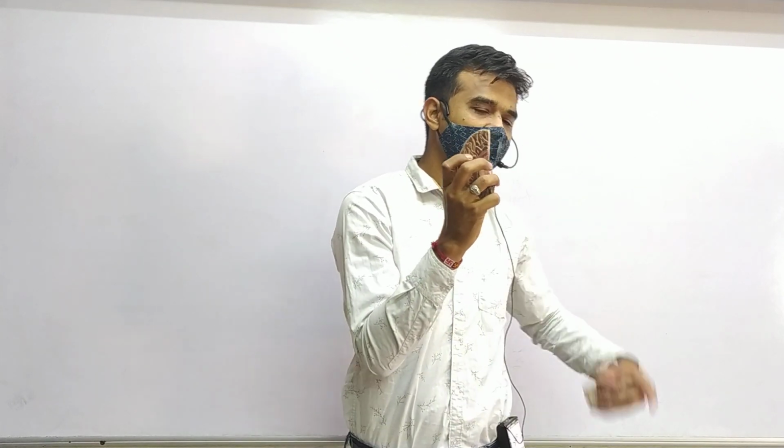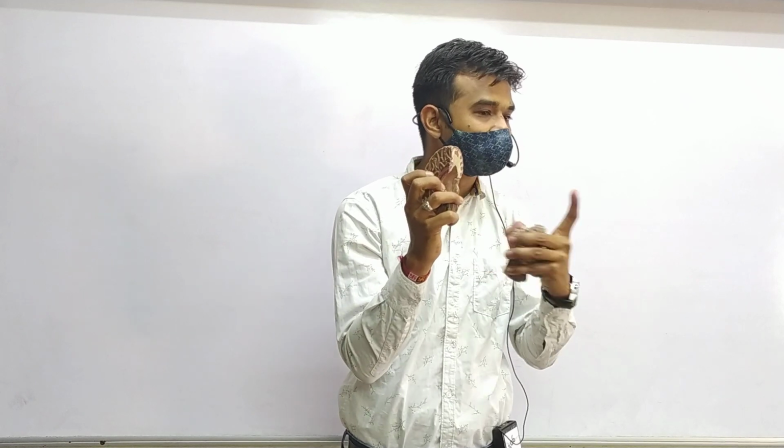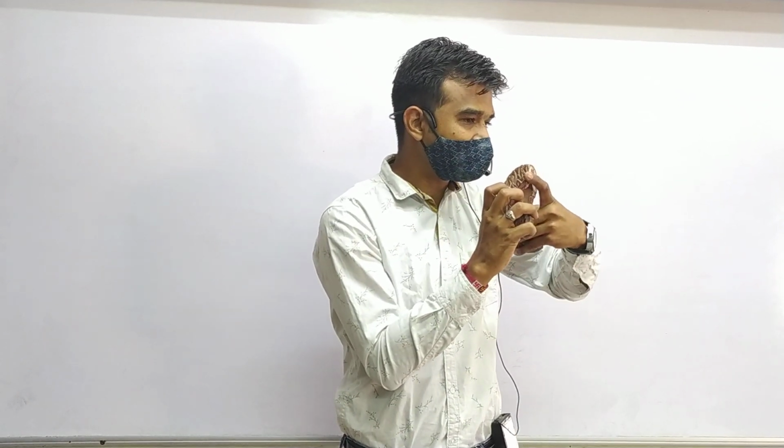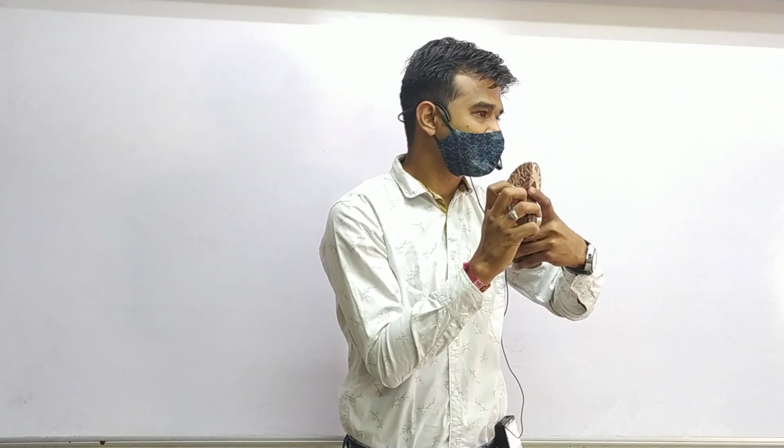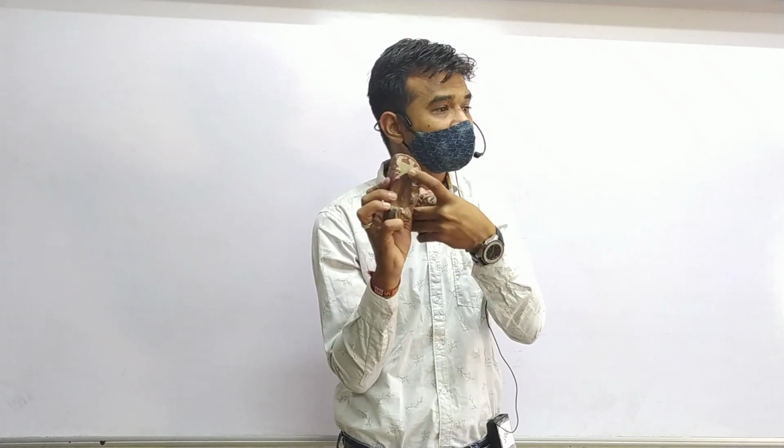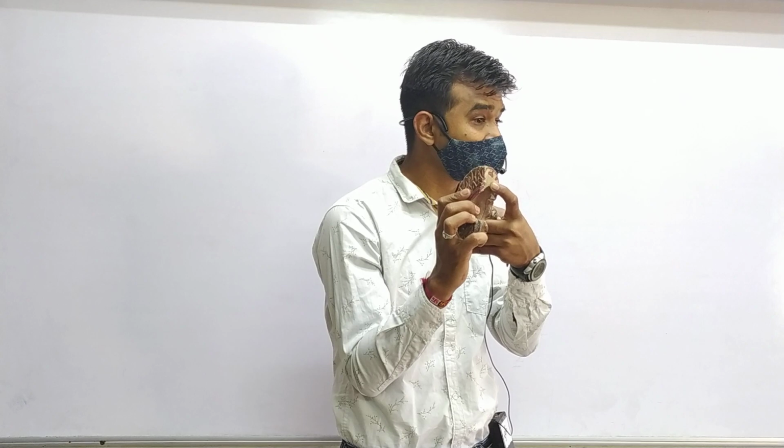This periphery part is known as grey matter, and in the center there is white matter, the corpus callosum. This white portion is known as the lateral ventricle.